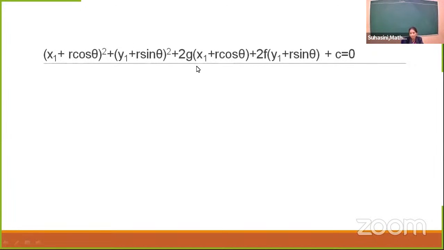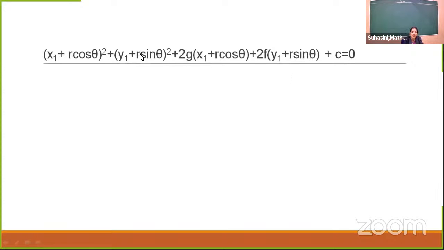Then multiply the terms inside: multiply 2g with x1 as well as with r cos theta. So 2g x1, 2g cos theta into r, 2f y1 plus 2f into r sin theta, plus c equal to 0.